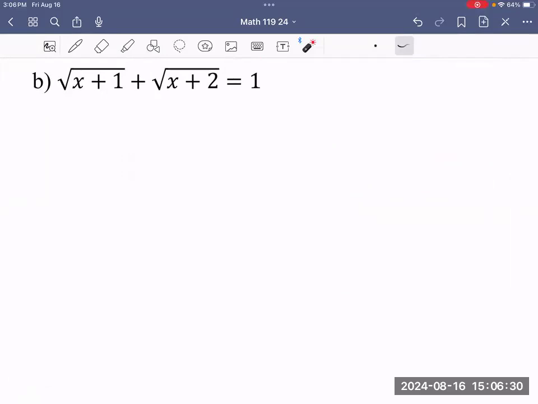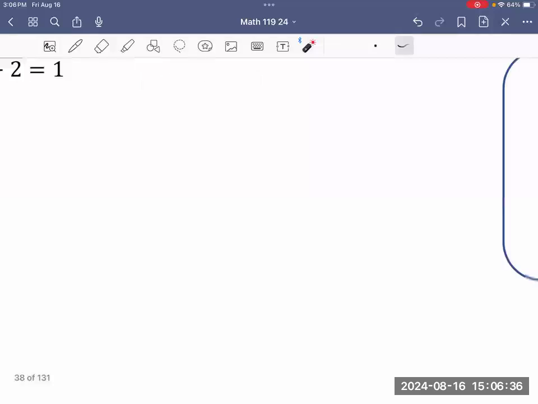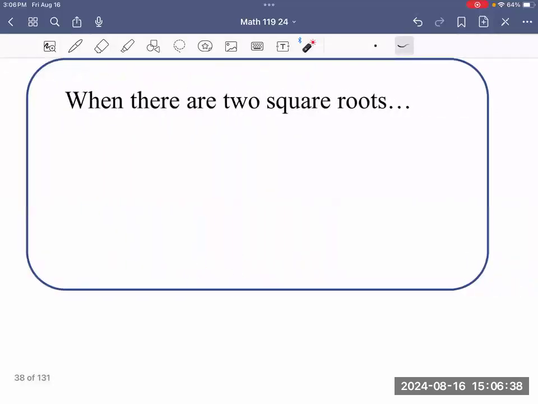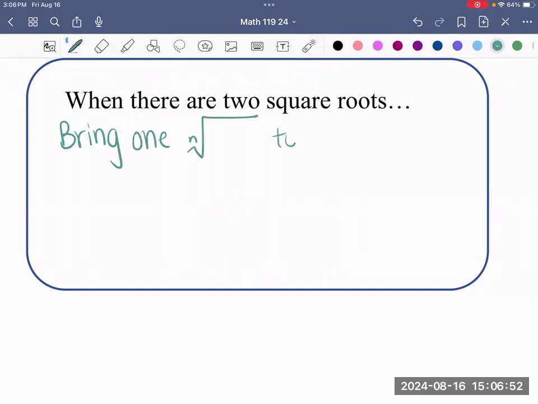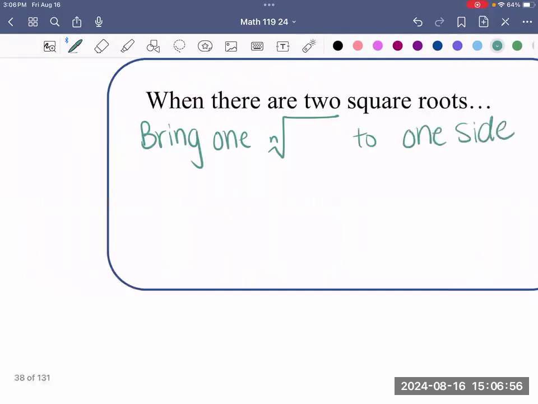All right, so your second variation is if you have two radical signs. So in this case, what we're going to do when there are two square roots or any sort of root, we're going to bring one to one side. It doesn't matter which one.